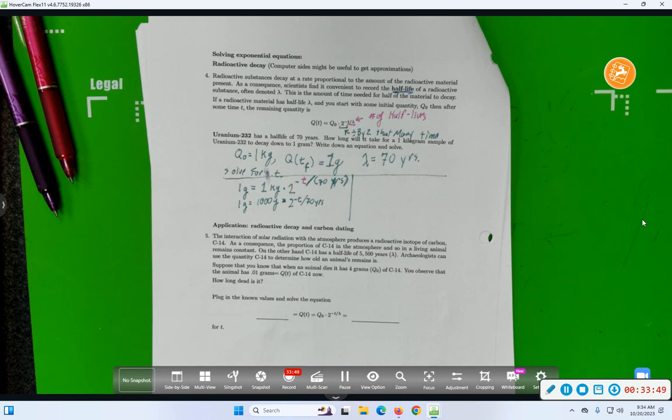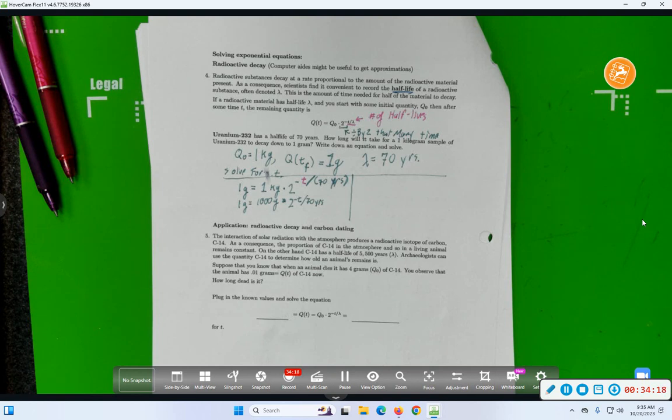Whenever you're in a situation where you only see one unknown, just think about everything you do to that unknown and undo it in the opposite order. So it looks like you start with t, you make it negative t divided by 70, maybe that's all one step, division by negative 70. You put it in the exponent of a 2. Then you multiply that by 1,000 grams. Last thing I did was multiply by 1,000 grams. So what undoes that?